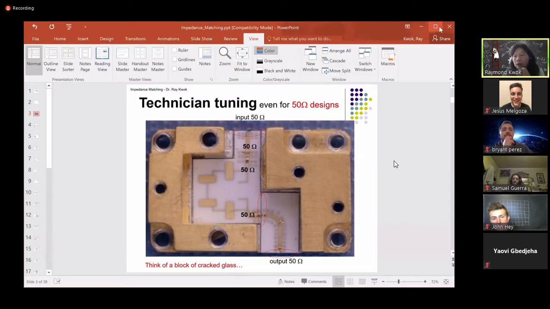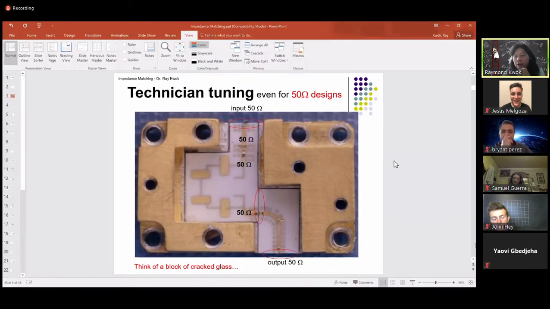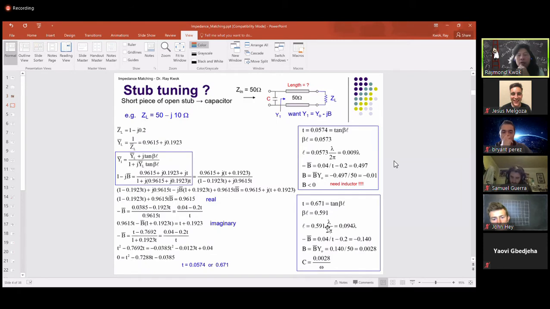So this kind of tuning, you can understand by what we call single stub tuning. So what does that mean? Here, I have a transmission line. I have an impedance that I need to match. I don't know what this impedance is, but I know I need to match it.